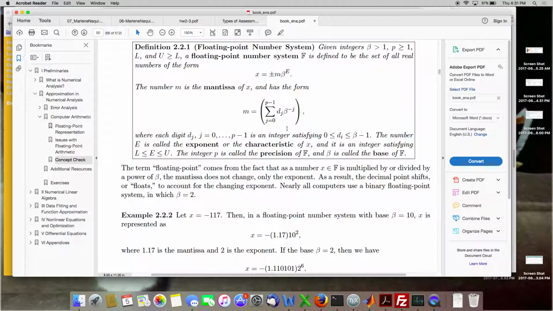To get the actual numerical value of a mantissa, we take those digits and multiply them by the appropriate powers of the base. For instance, in decimal, D1 times 1/10, the tenths digit, and D2 times 1/100, the hundredths digit, and so on. Something you do instinctively in decimal, but it applies in any base.